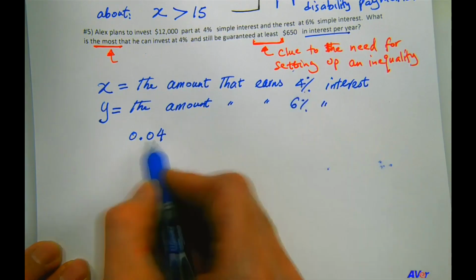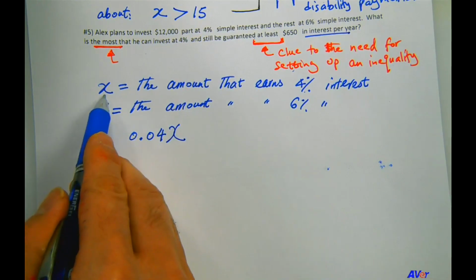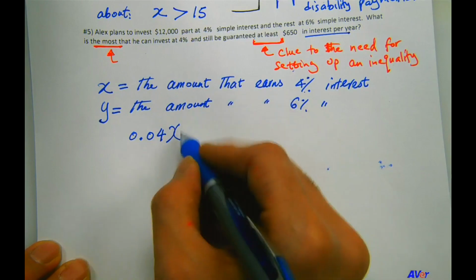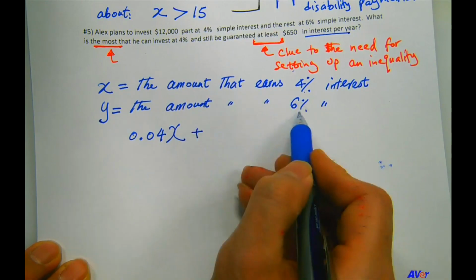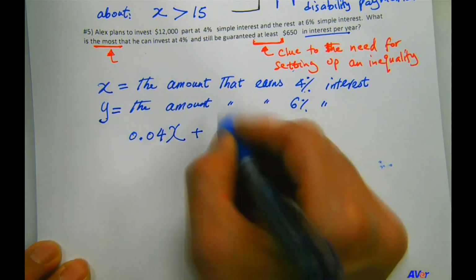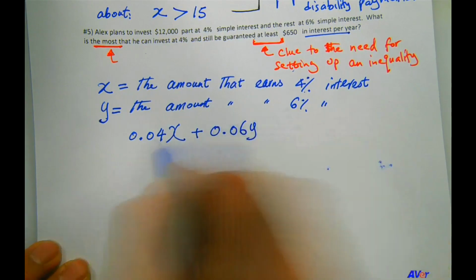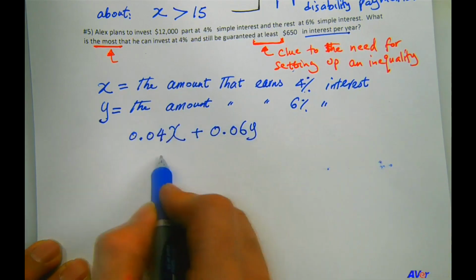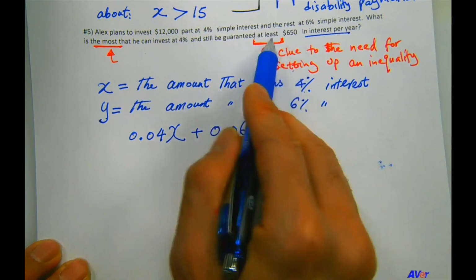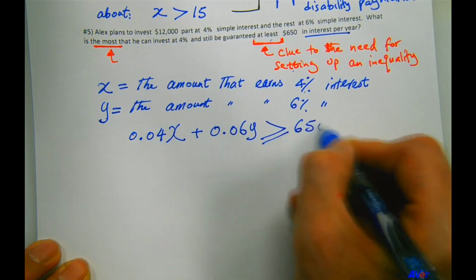So the interest would be 4% of that amount, 4% of X, right? So then plus, there's also interest coming from account Y, right? At how much? At 6%. So 0.06Y, and we want this interest coming from account X and account Y to be at least 650. So greater than or equal to 650.